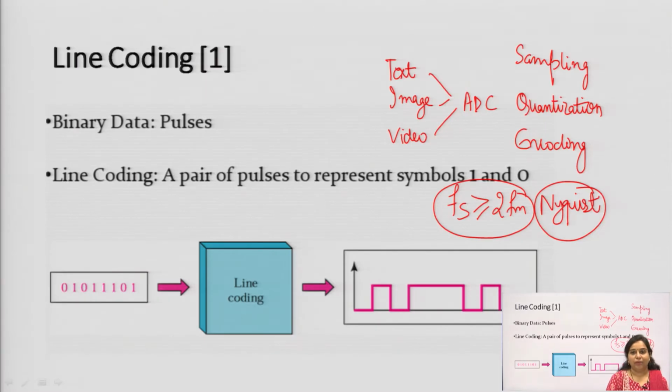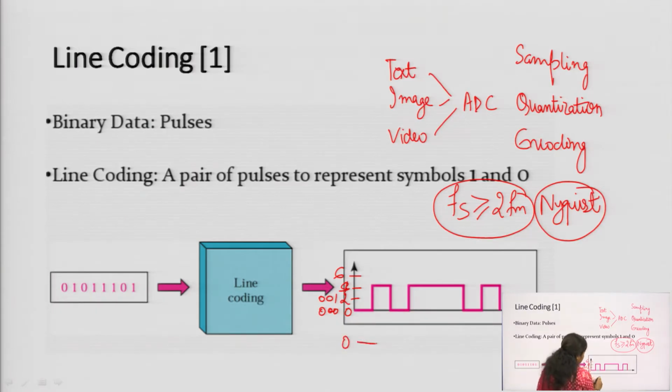How will the encoding be done? Let us consider this example: this is 0 volt, this is 2 volt, this is 4 volt, then this is 6 volt. If I am considering 3 bits of data, the levels will be denoted by 000, 001, and so on, so 8 options are available from 0 to 7.